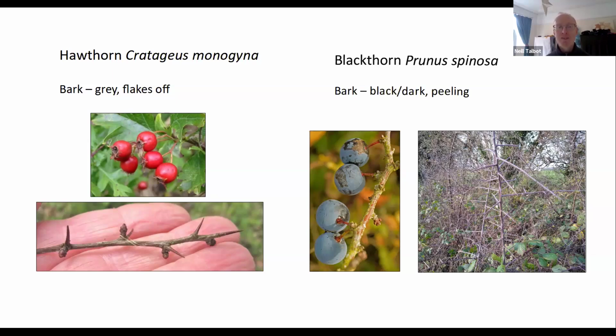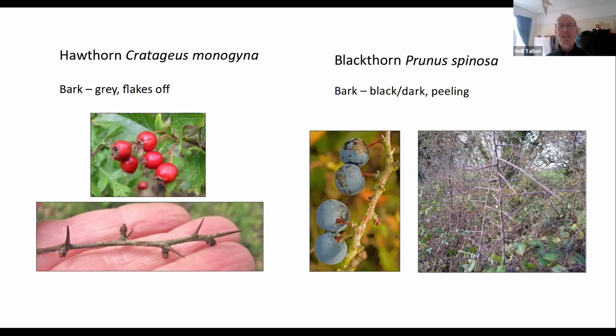So, for example, an ash tree will have very smooth greyish green bark when it's relatively young, and as it gets older, the bark will become quite fissured, with grooves down it. That is something that you need to be aware of, and that will happen for quite a lot of species.